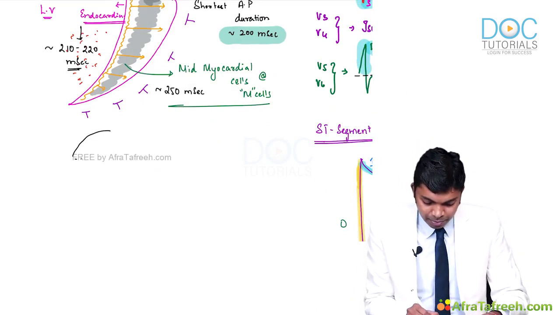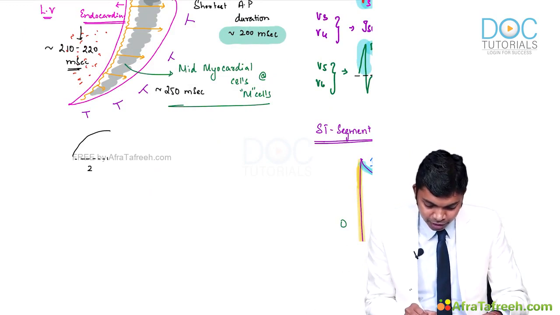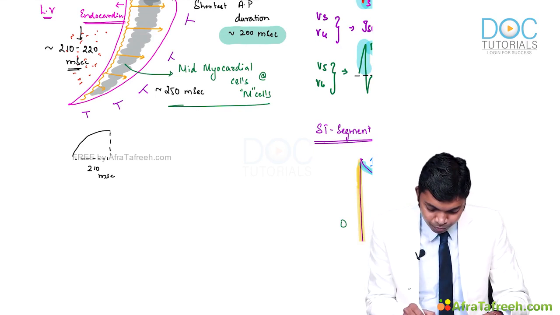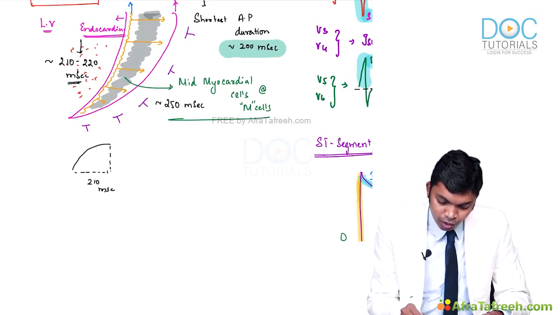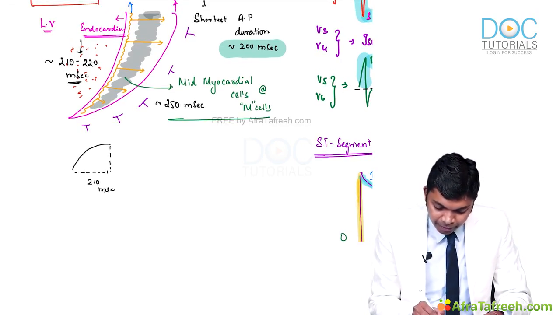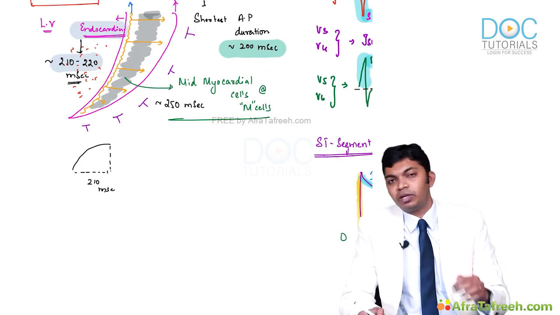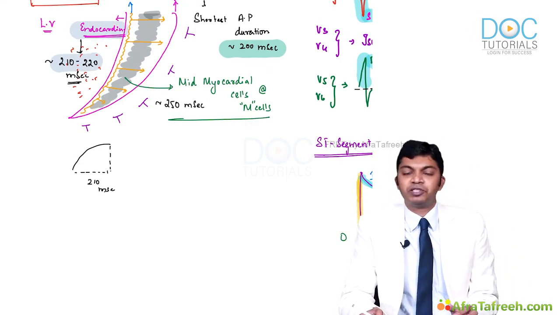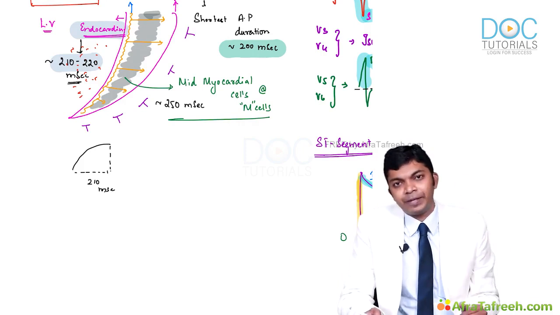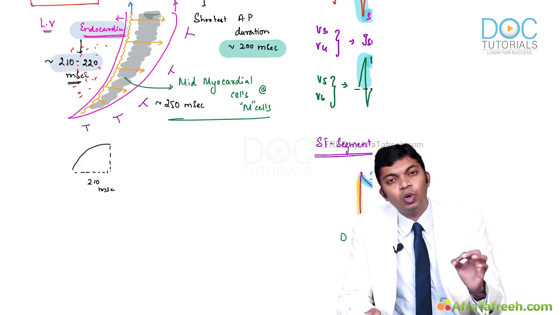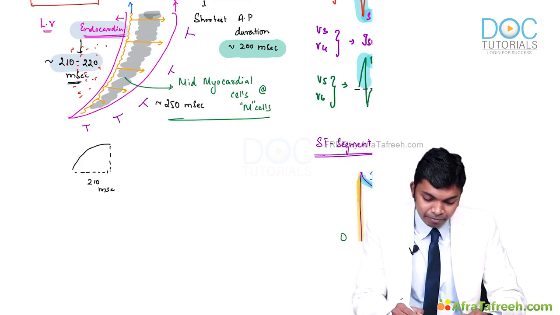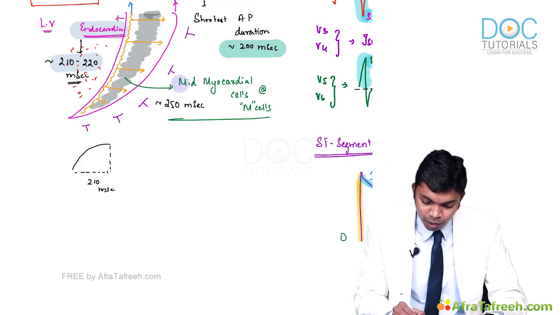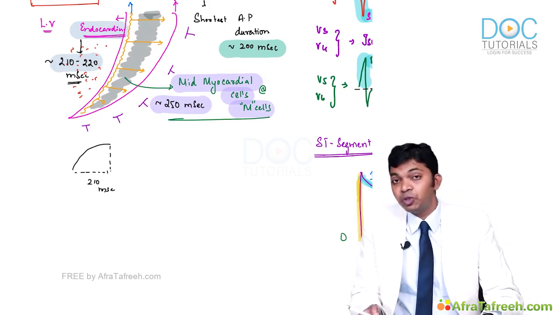Okay, so this happens till about 210 milliseconds. By that time, the endocardial cell will also go to resting membrane potential. It will reach negativity. But still, who holds positivity, doctors? It is our mid-myocardial cell, the superhero of the ventricle, which has a potential of about 250 milliseconds.